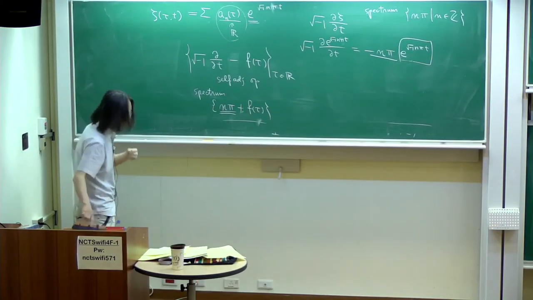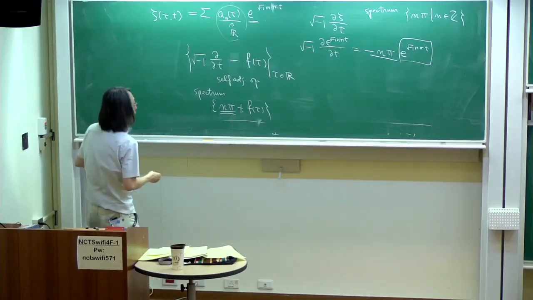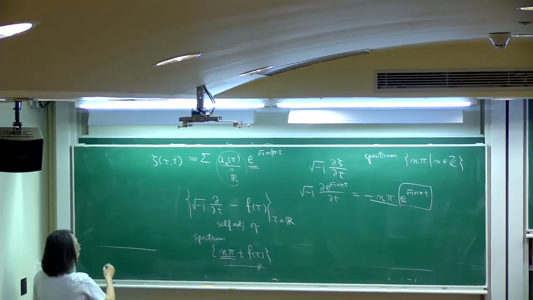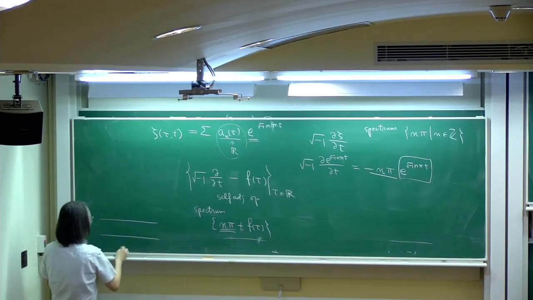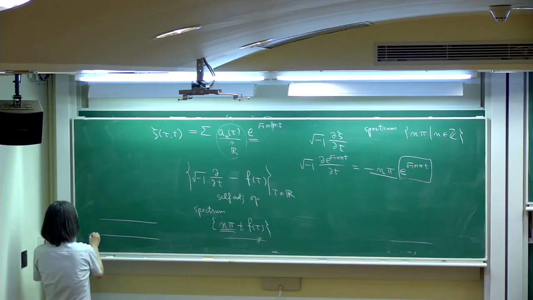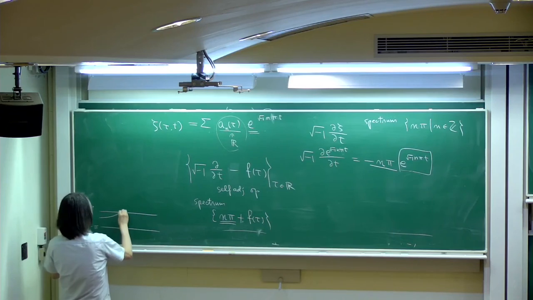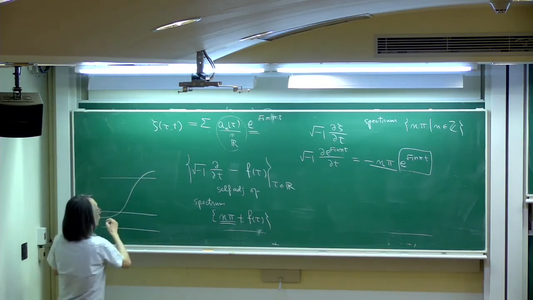So let's consider the case that f tau is something like this. So f tau maybe starts from negative, but not yet minus pi, maybe starts somewhere here, and then ends up with this, like this.